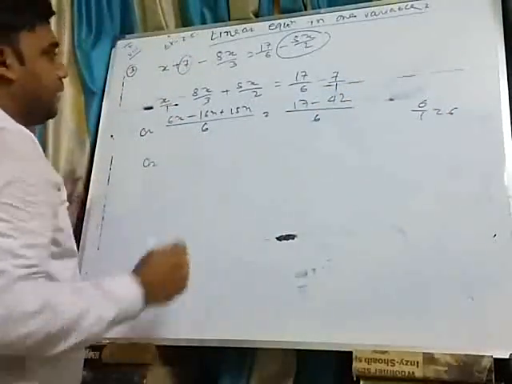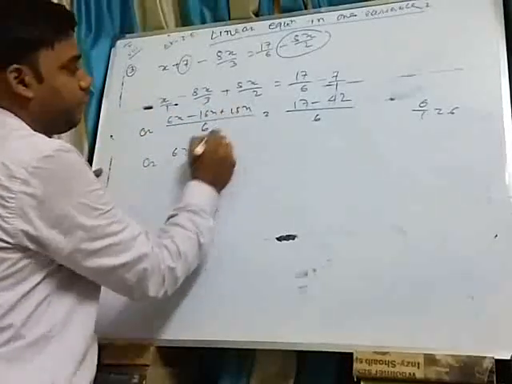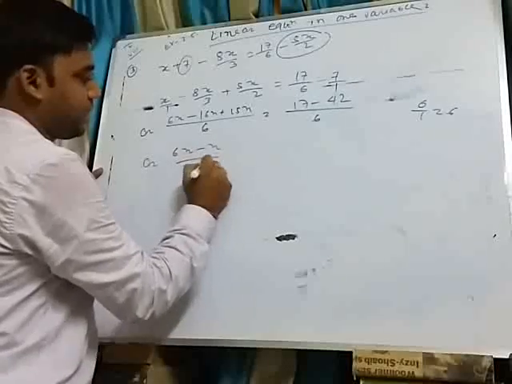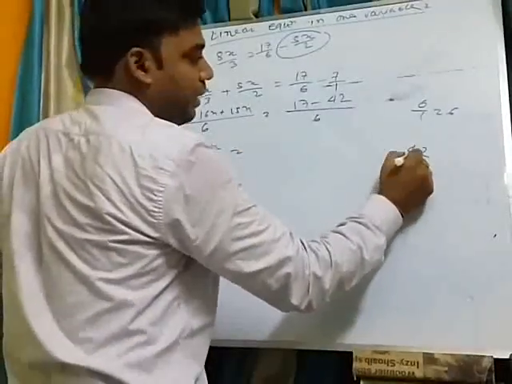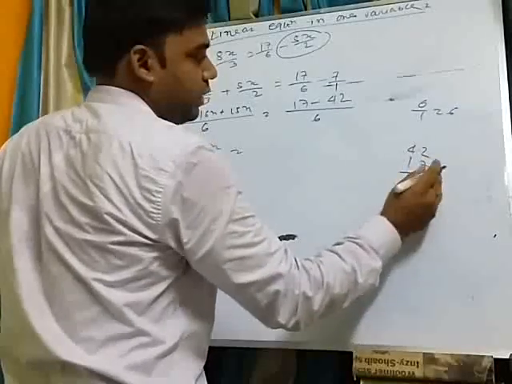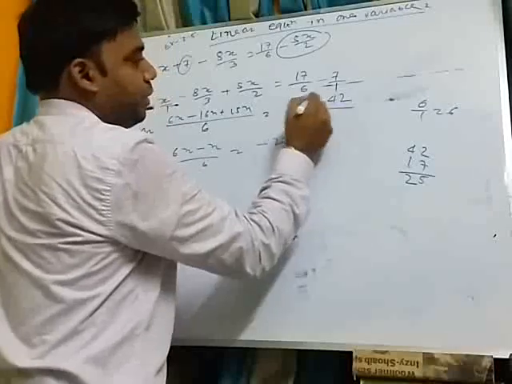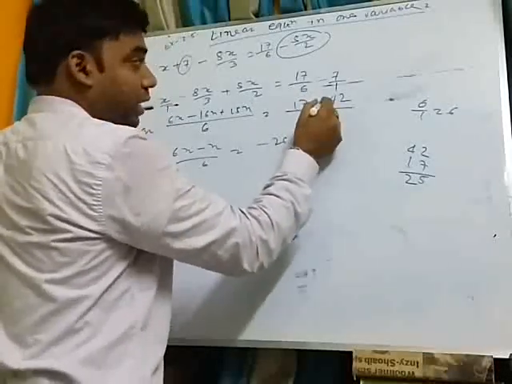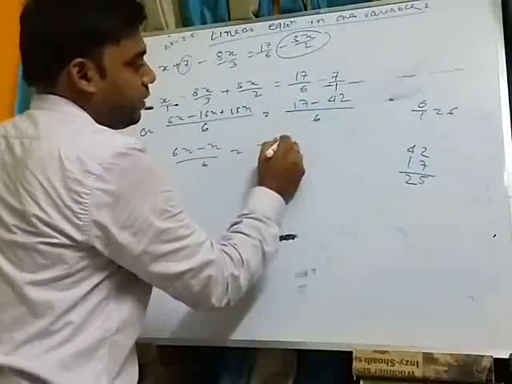Now 6x minus 16x plus 15x, that is minus x by 6. 17 minus 42 is minus 25, because between these two, 42 is the greater number and its sign is minus.